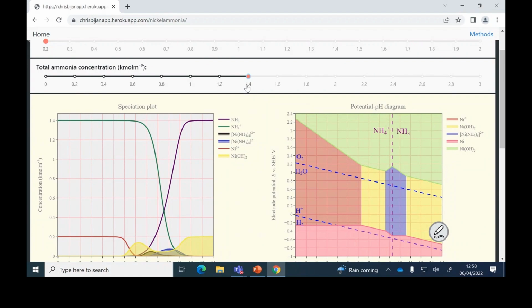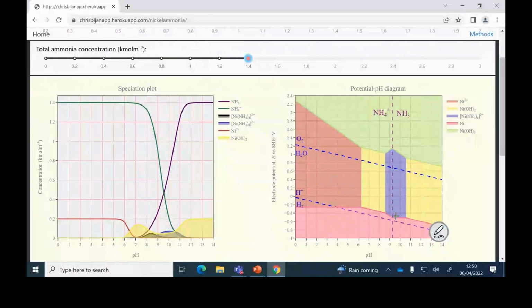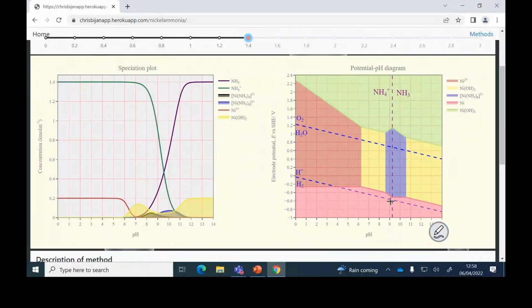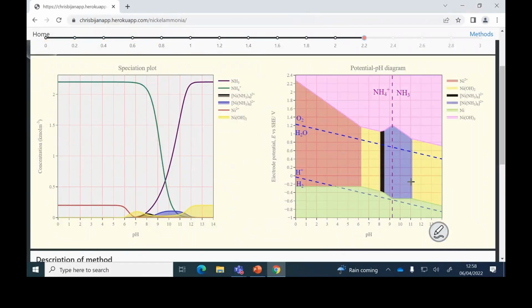And that's reflected in the potential pH diagram in that purple spot, which says that if you're between pH something like 8.7 and 10.5, you're actually going to have soluble nickel 2, and you can do your plating there. And that explains some of the approaches that many authors have taken in the literature. And if you add more excess ammonia, you widen that region of solubility.